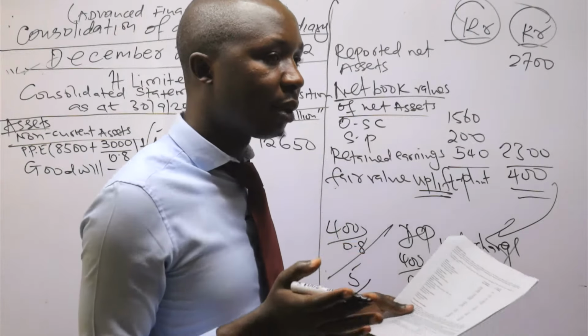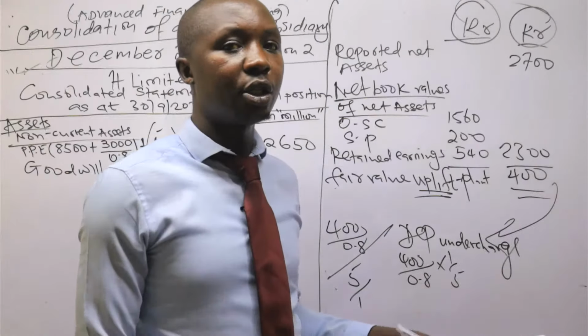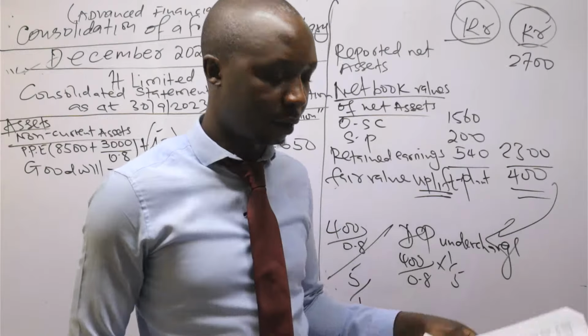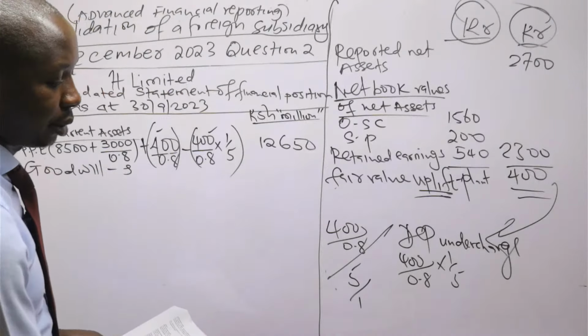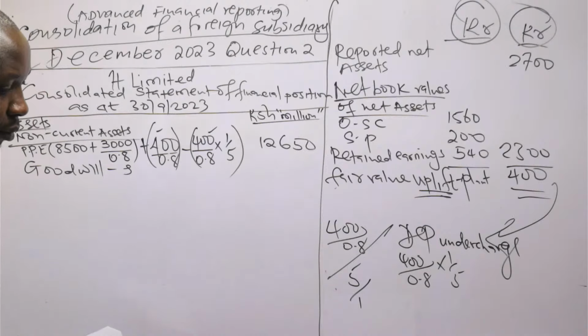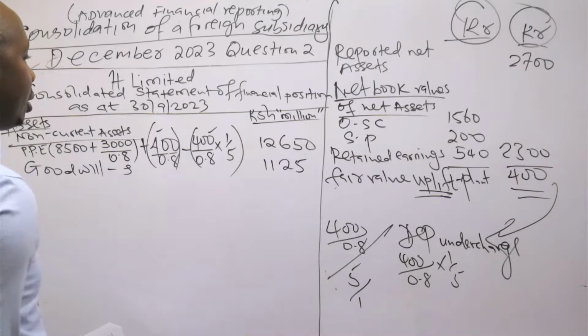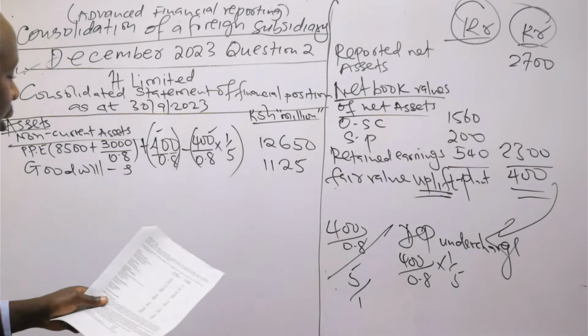But now, what about the goodwill as at the closing date, as at the balance sheet date? We did a translation for that. We got 1125, and exchange gain was 125. So the amount to be recorded there is 1125, the goodwill as at balance sheet date.